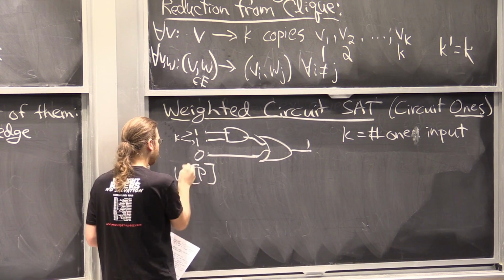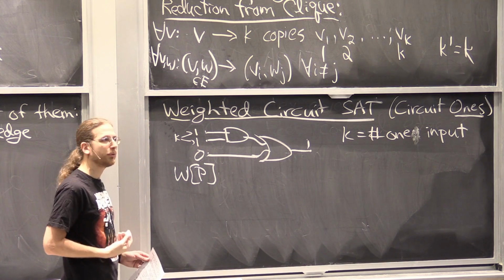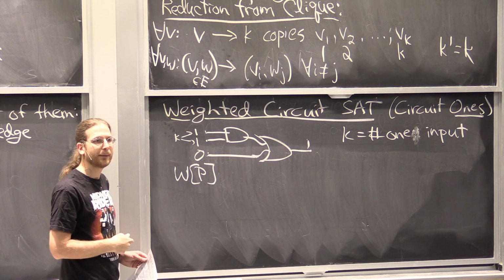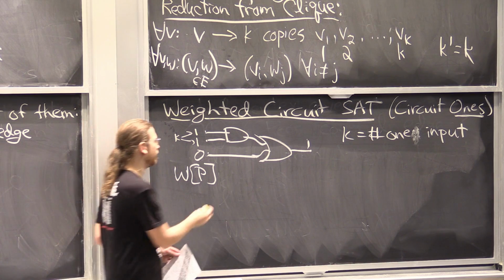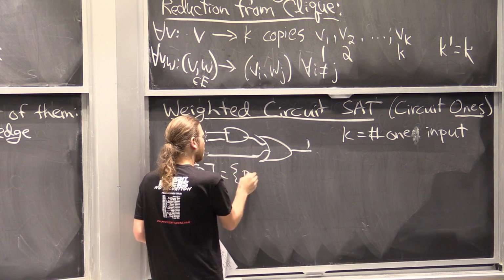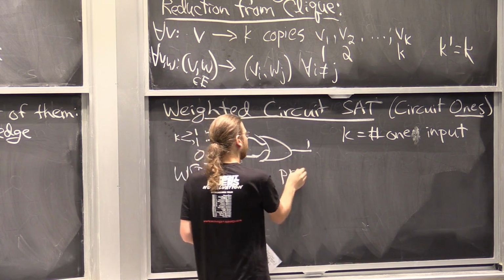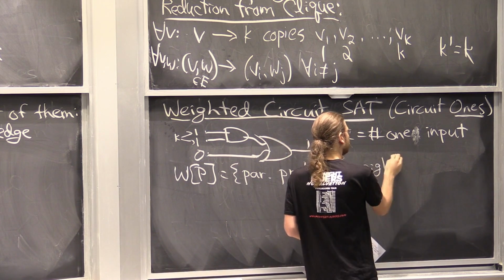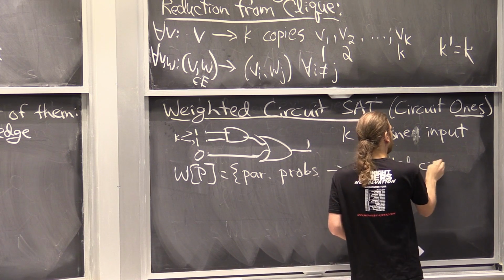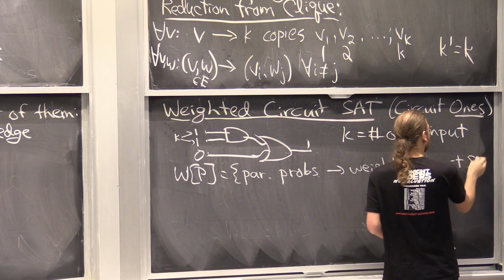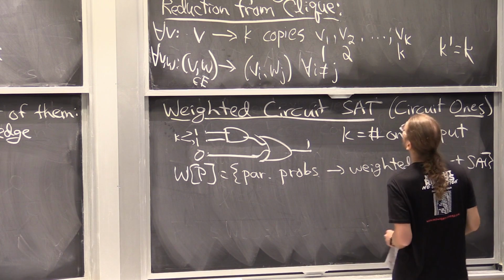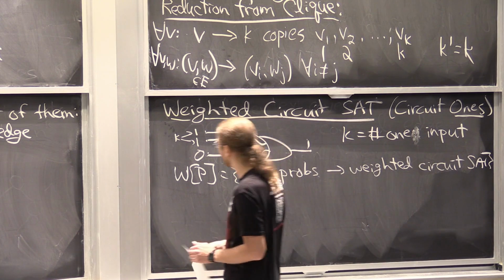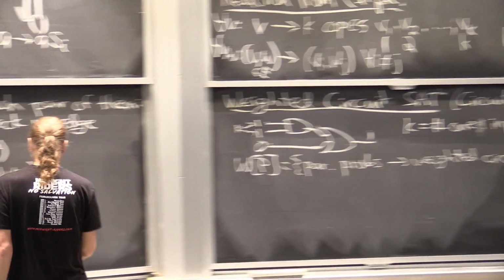This is the original definition of WP: all problems that reduce to weighted circuit sat in a parameterized reduction sense. So all parameterized problems that reduce to weighted circuit sat. I lost my hierarchy, but this is even bigger than all the things.